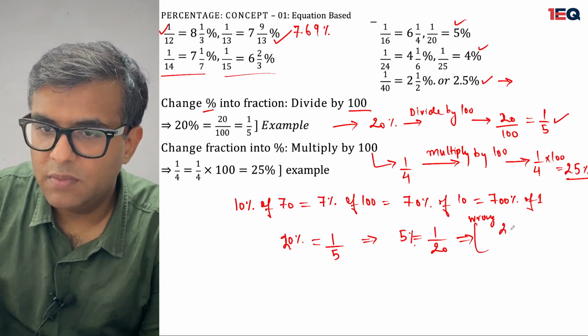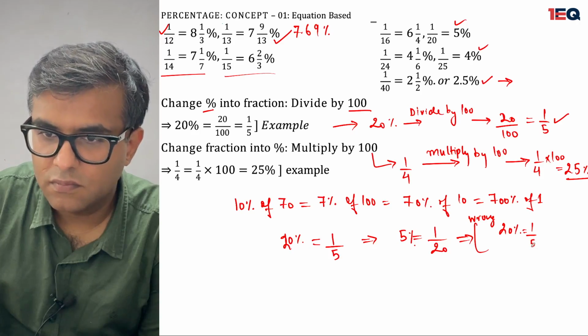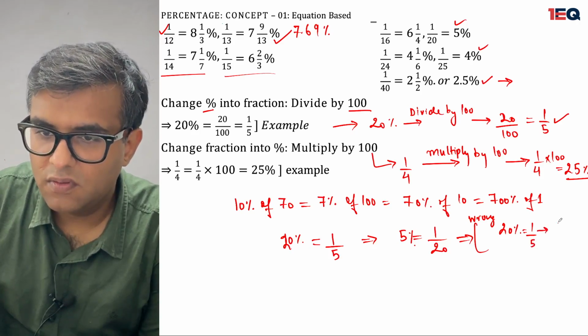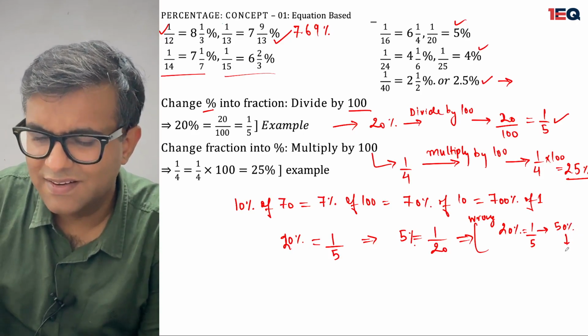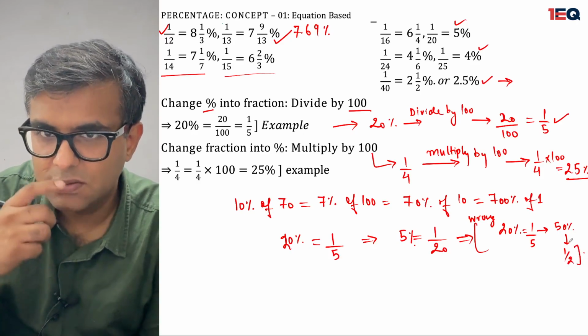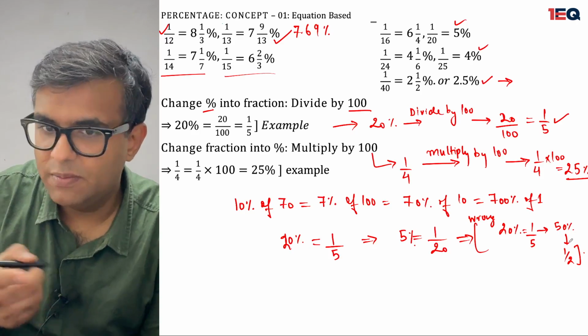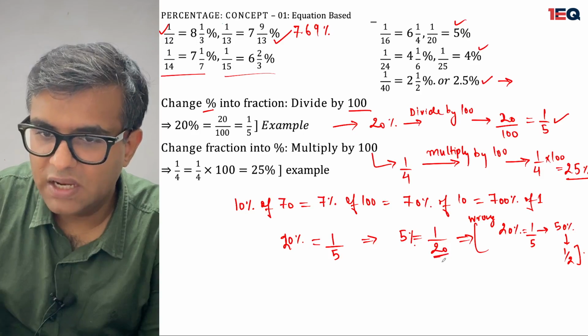When you tell me that 20% is equal to 1 by 5 and you talk about 50%, this is also fine, 50% being 1 by 2. This is just maybe one example which works out well. But trust me, you have to move the entire number.